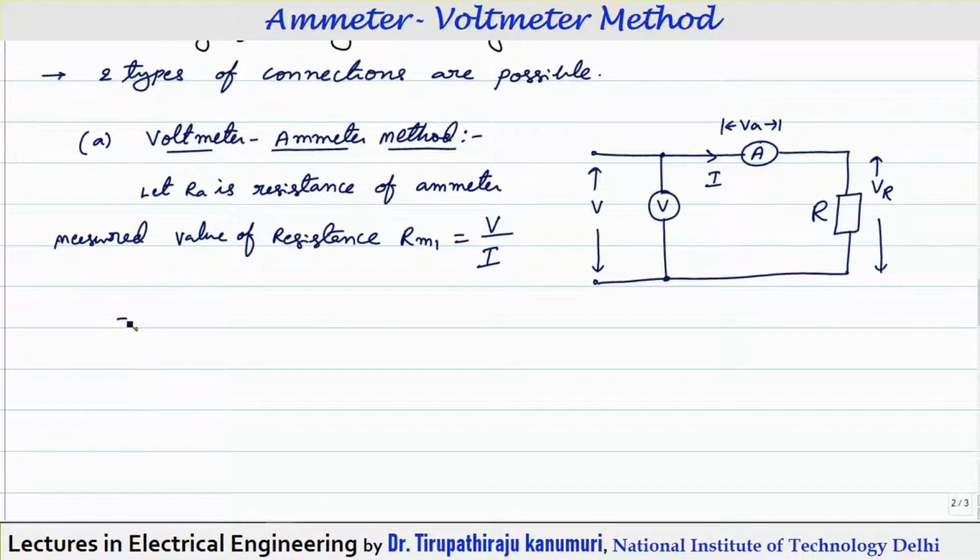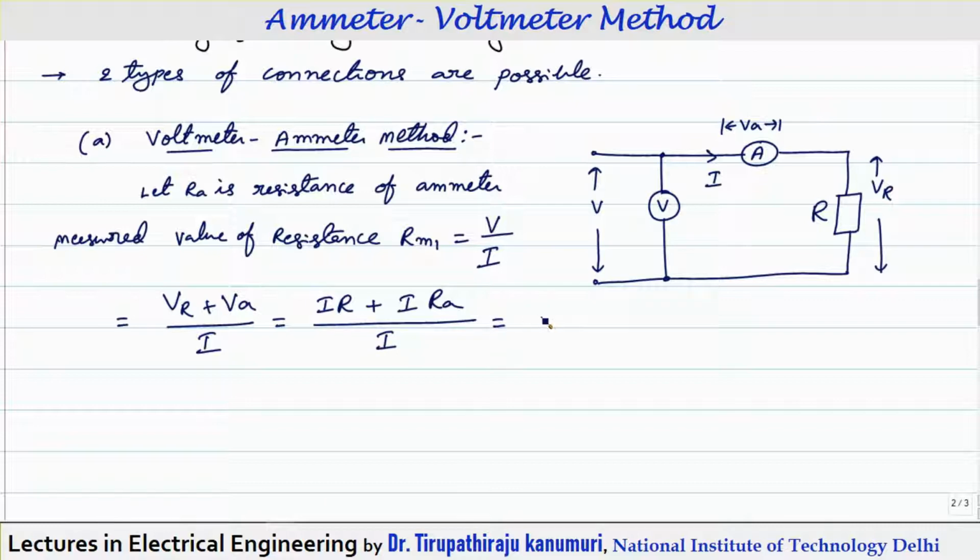That I can write as the sum of VR plus VA divided by I. VR is nothing but I passing through the resistance R, plus VA, the voltage drop across the ammeter. The same current I is passing through the resistance as well as the ammeter here. So this will be I multiplied by the resistance of the ammeter, divided by I.